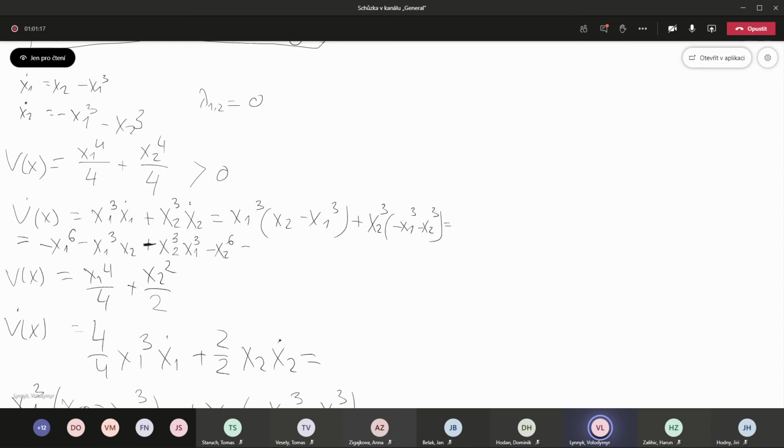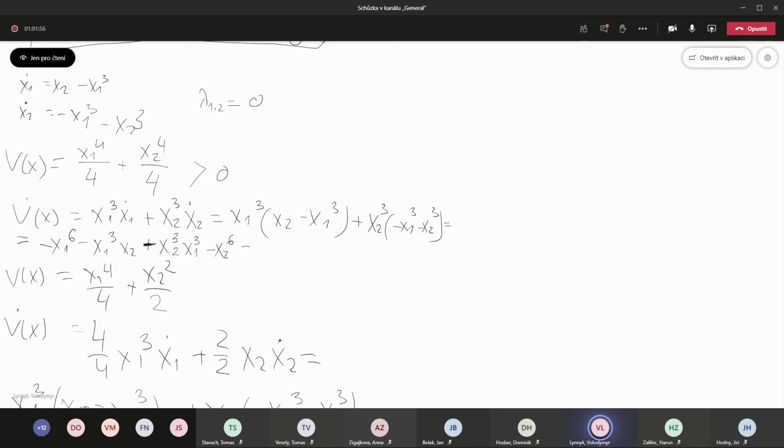It's equal to x1 cubed x2 minus x1 to the 6th, and minus x2 x1 cubed and minus x2 to the 4th.